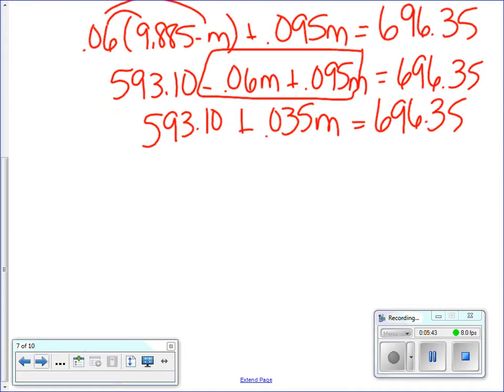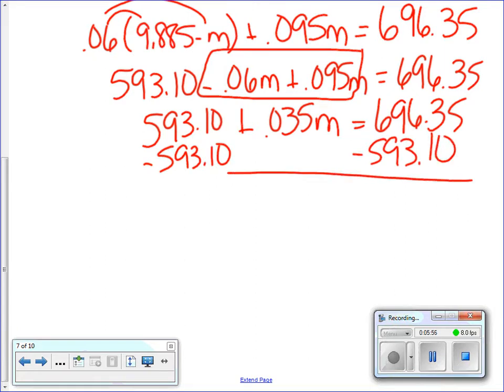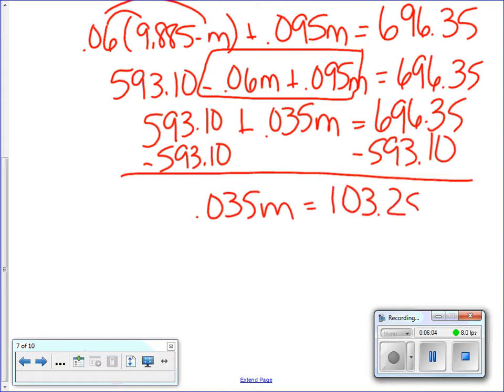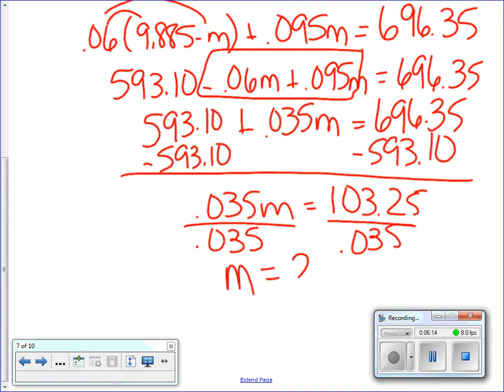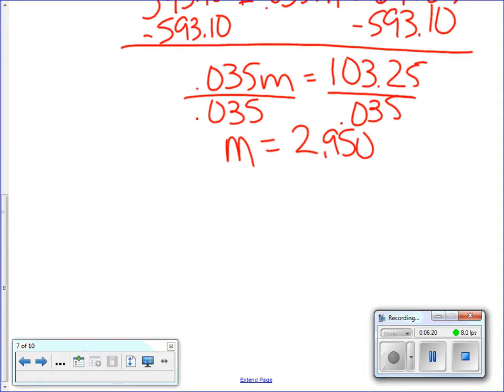Now I'll subtract $593.10 from both sides. And get 0.035 M equals $103.25. And divide both sides by 0.035. And I get M is equal to 2,950. Now I have to plug it back in.